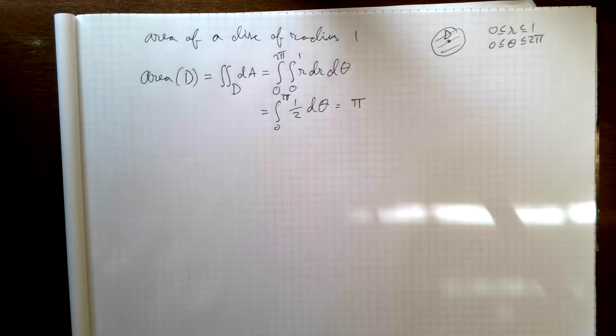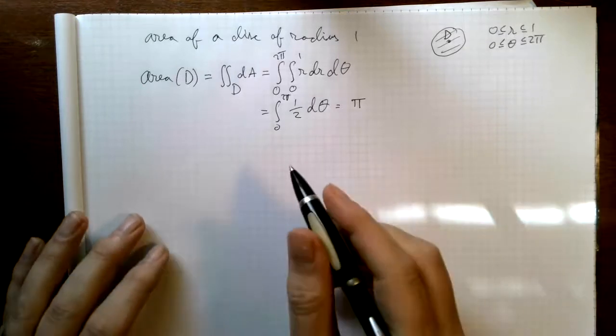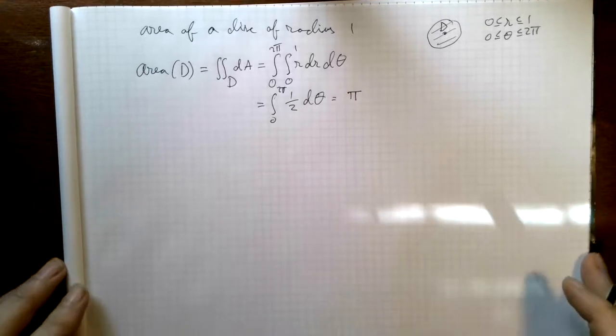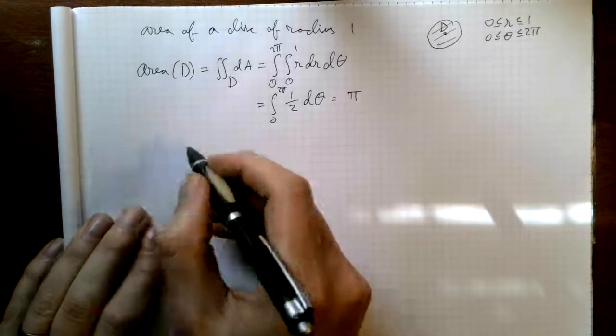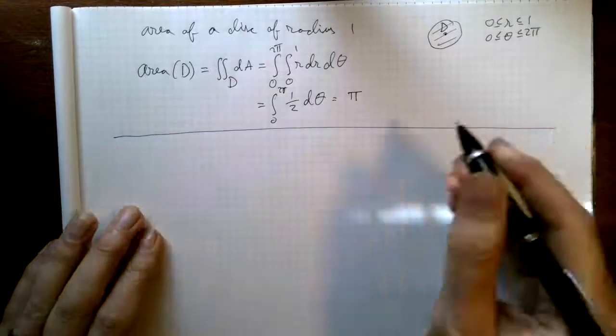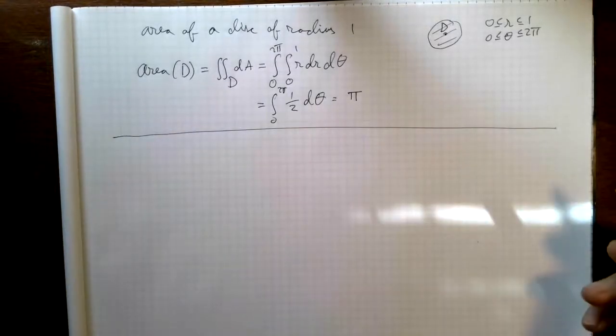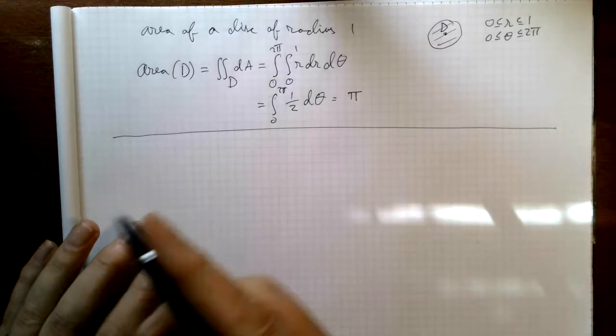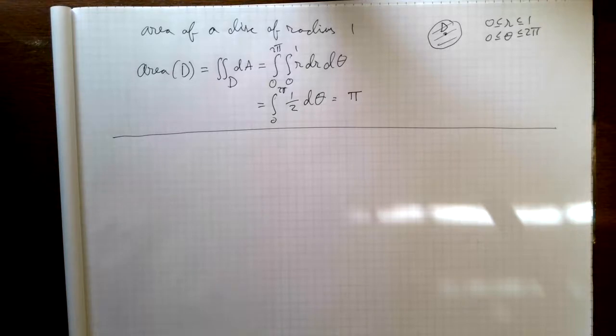Okay, so let's talk about cylindrical coordinates, because that's almost like polar, except with that z in there, right?